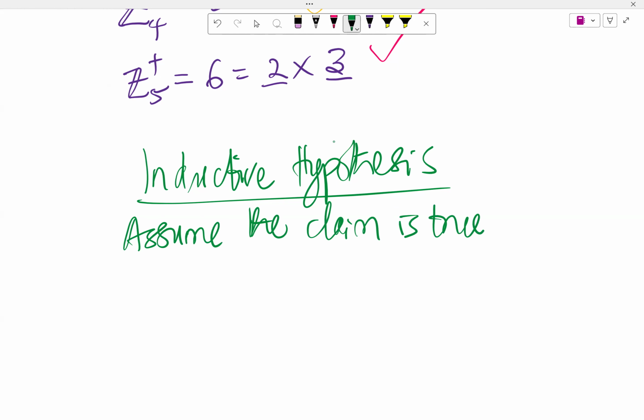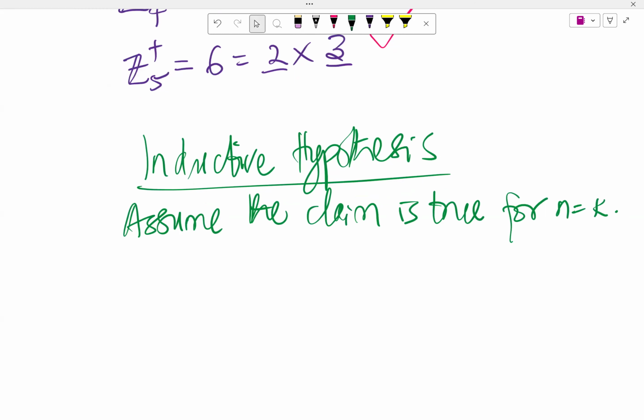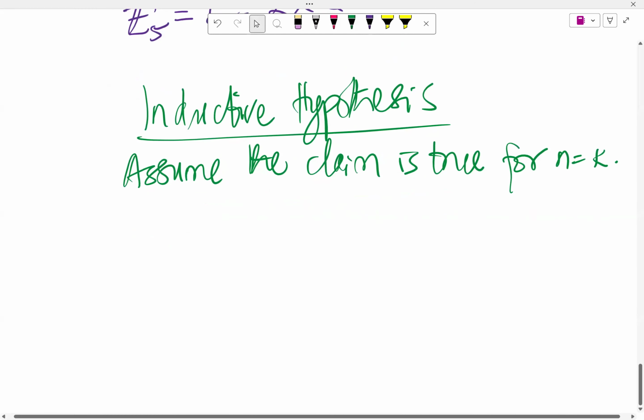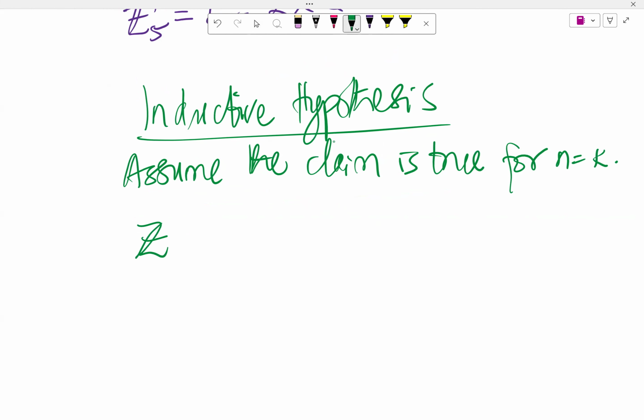The claim is that all positive integers greater than 1 can be expressed as the product of prime numbers. So we are assuming that claim is true for n equals k. What does that mean? Since I've been numbering it like that, if we have a z plus k, that is simply going to be p1 multiplied by p2, prime number 1 and prime number 2.